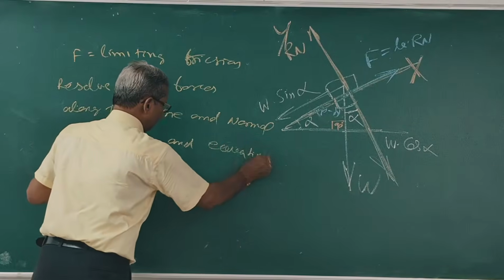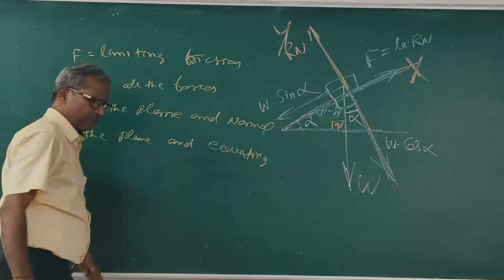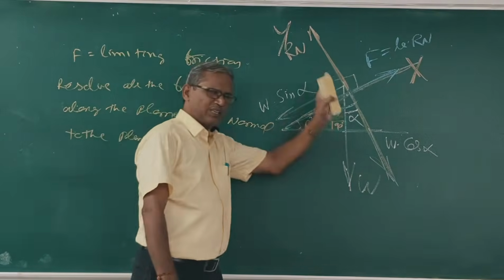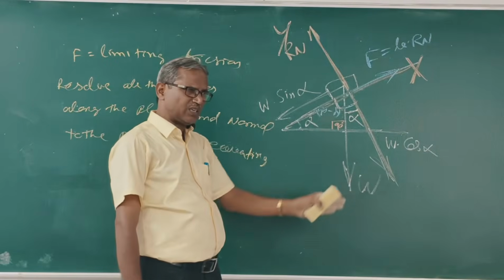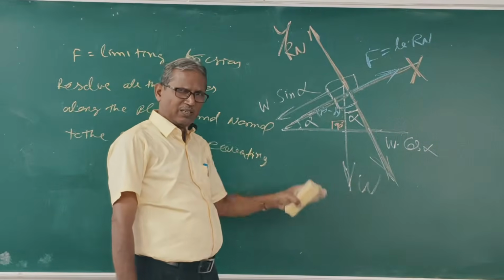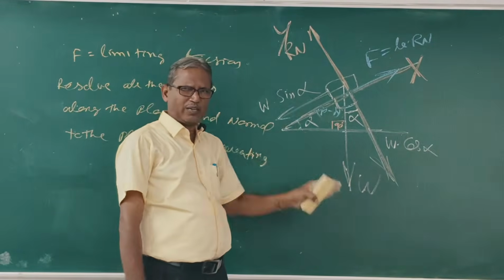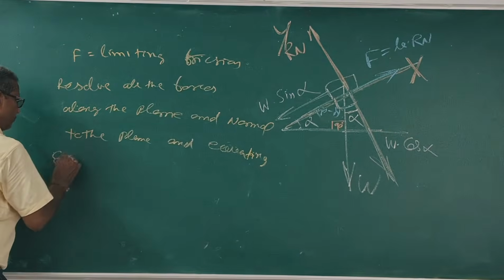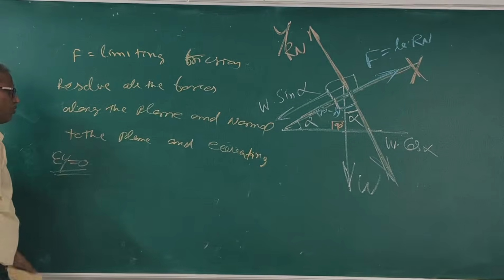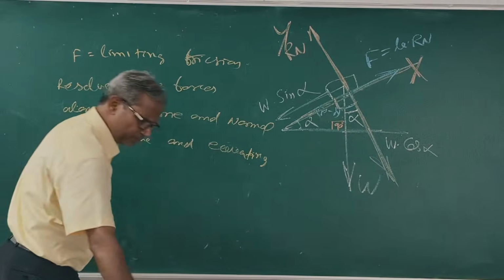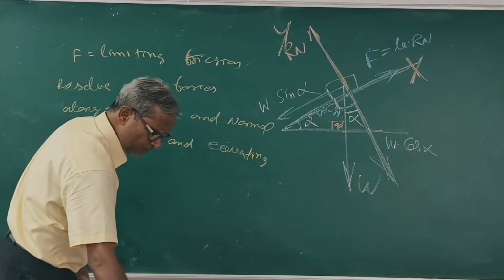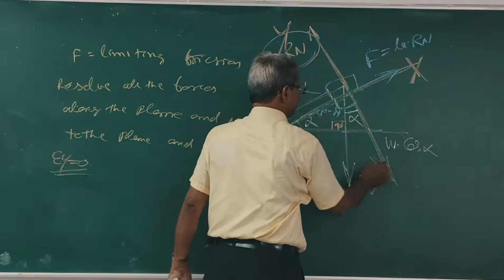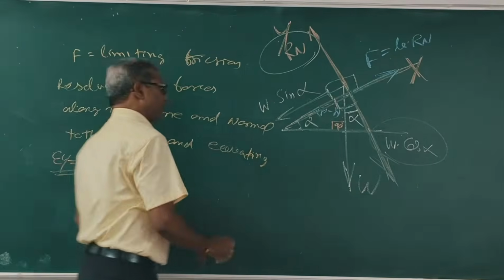Clear? Now this is the x-axis, this is the y-axis. First I will equate along x, then along y, or along y, then along x. Now sigma y is 0. What is sigma y? Rn is equal to W cos alpha.